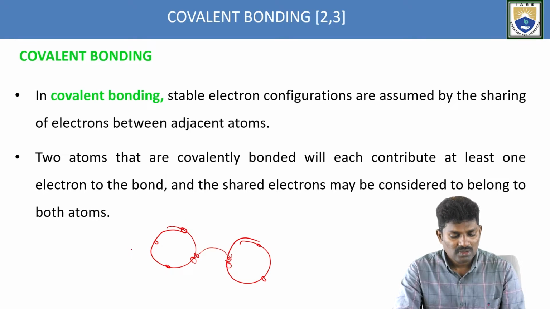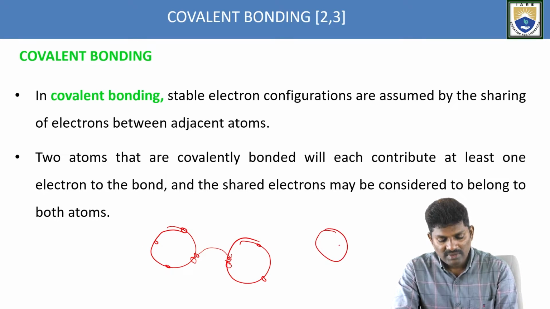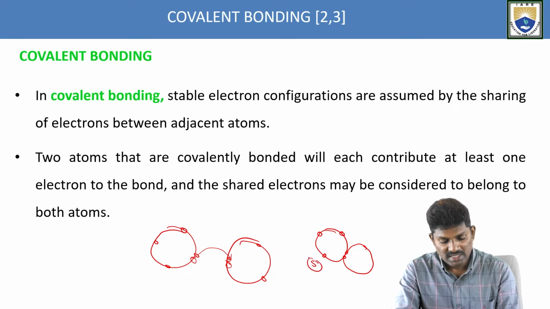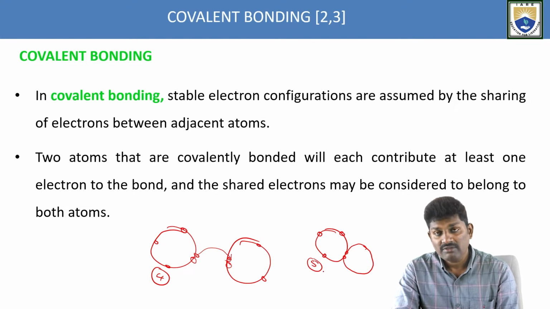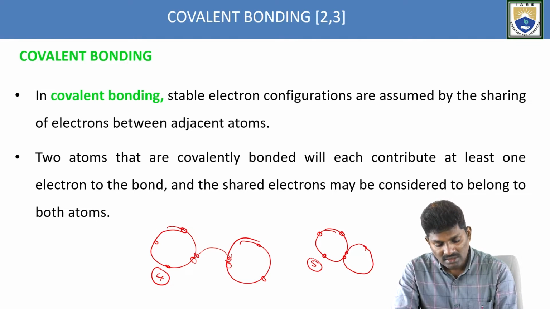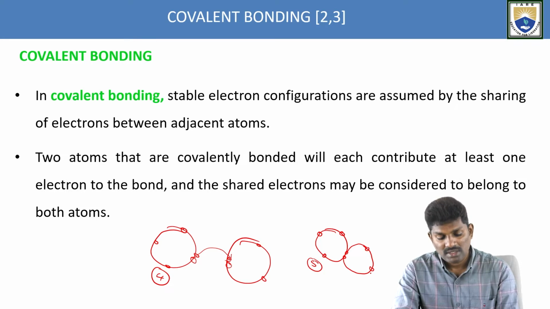Now if you count, it will be combined like this: 1, 2, 3, 4, and 5. So here you are getting 5. Initially it was 4, now since it is being shared with this, you are getting 5 here, and initially it was 3. Now if you count, 1, 2, 3 and 4.